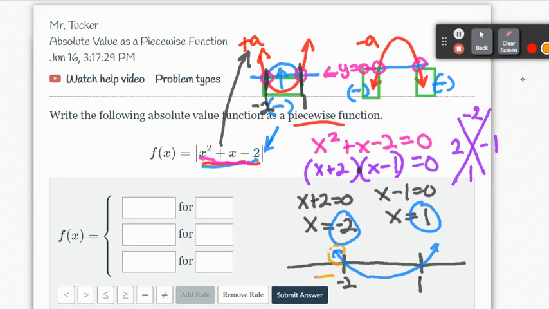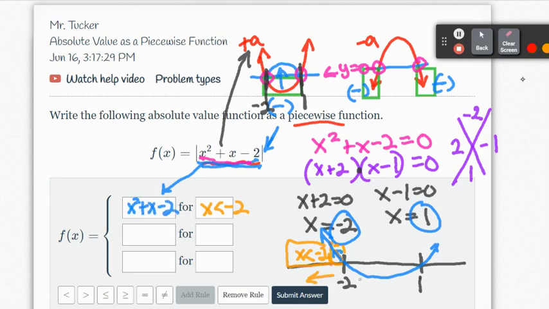So left of negative 2, the way that you write that is you say x less than negative 2. That's my rule here, starting left to right. We're going to write x less than negative 2. That rule is already correct because this parabola is heading up and it's positive. So what I do with that is I just write the function, the quadratic that's in here, the way it is: x squared plus x minus 2.